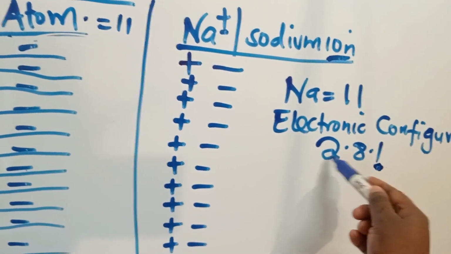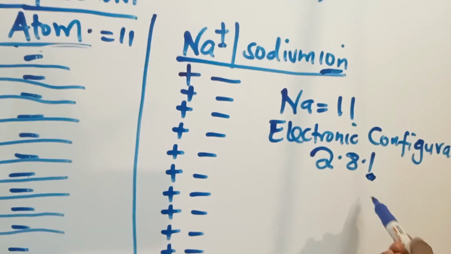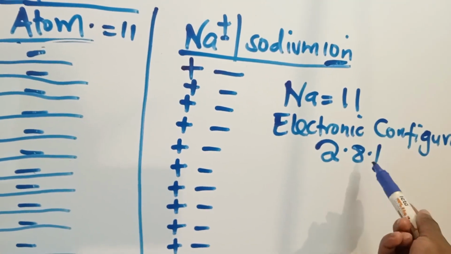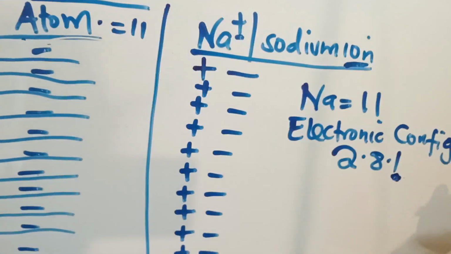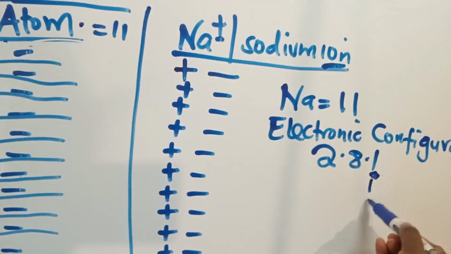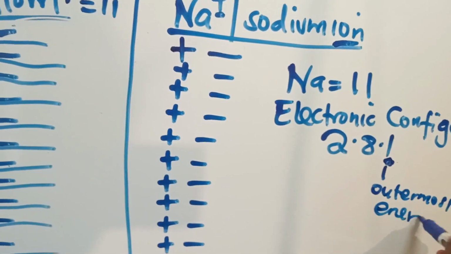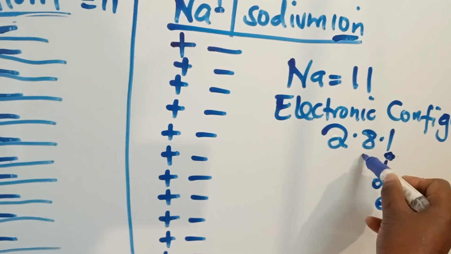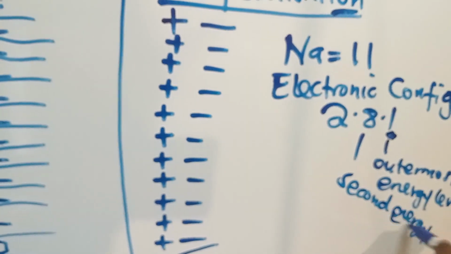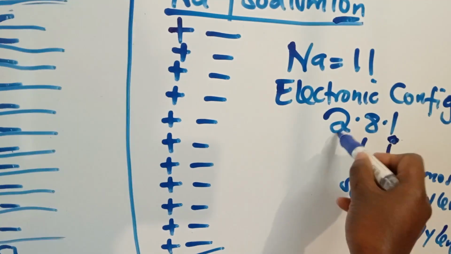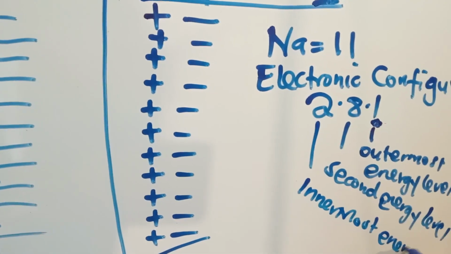In fact, by you writing the electronic configuration like the way we have done for sodium, you can easily see which one is the first energy level, which one is the second energy level, which one is the third. So on your far right hand, this is the outermost energy level. This is the second energy level. And this one is the innermost energy level.